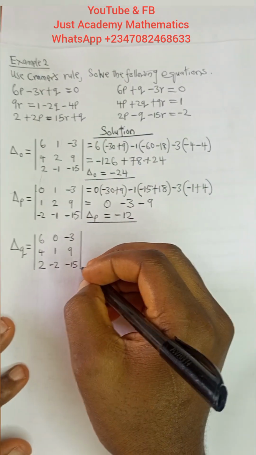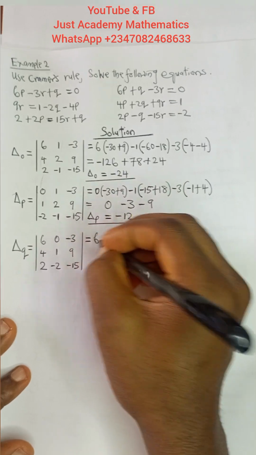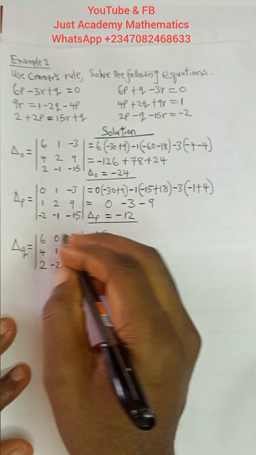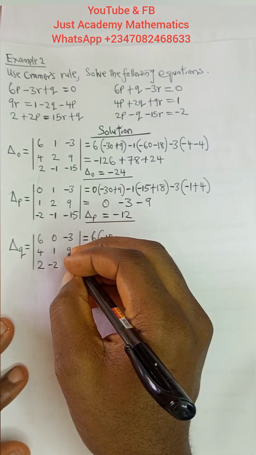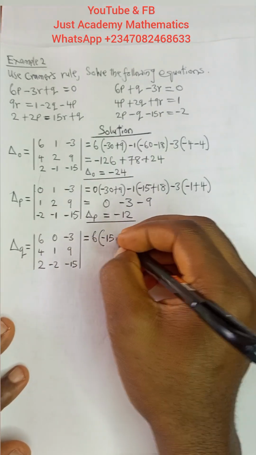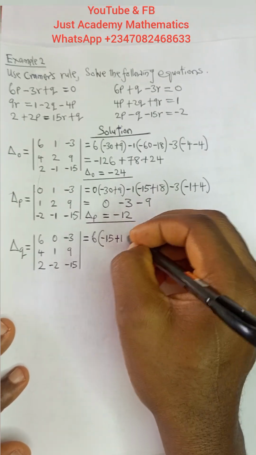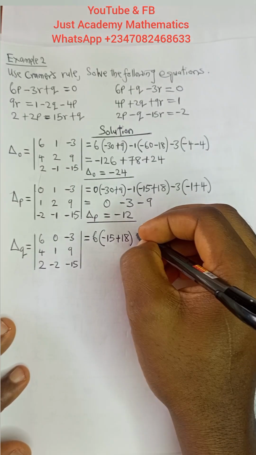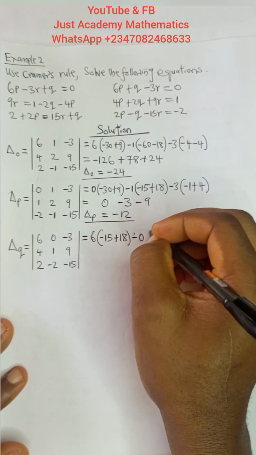So we'll get this determinant, that is change in Q, which is equal to, now 6 will go. This is out, this is out. 1 times minus 15, minus 9 times minus 2, minus 18, plus 18. Then plus minus, so here will be minus 0 times.